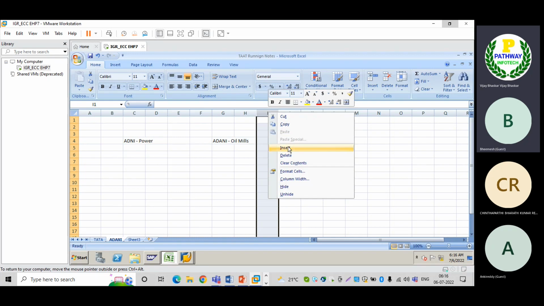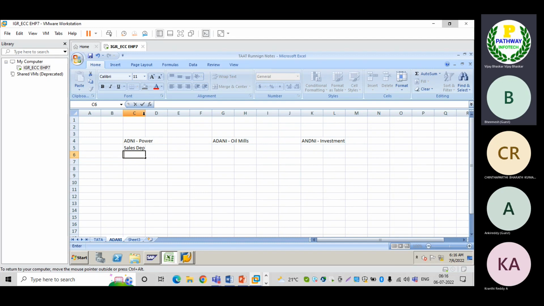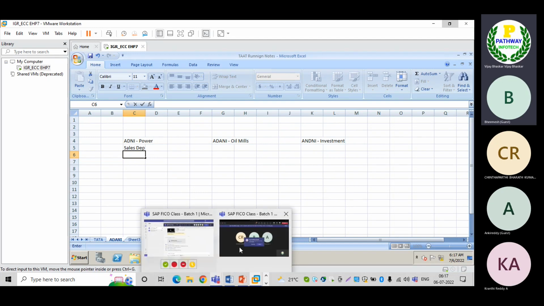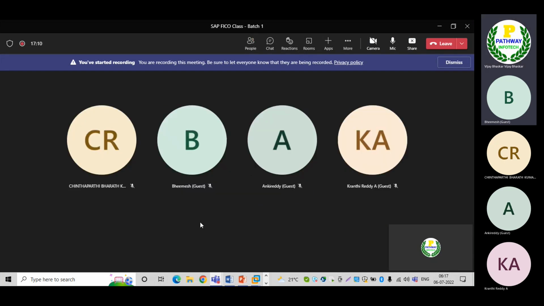For the power company, they are going to generate power, so the organization's main activities involve a sales department. They don't have a purchase department.